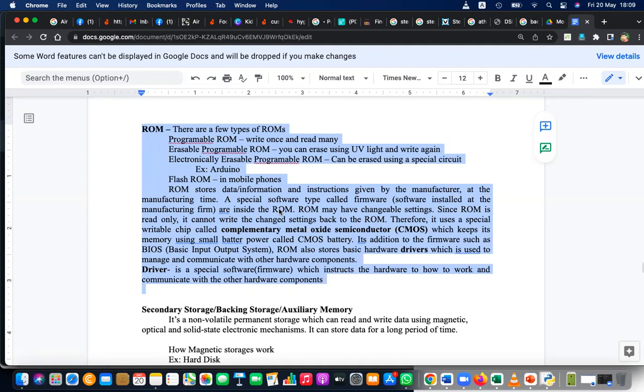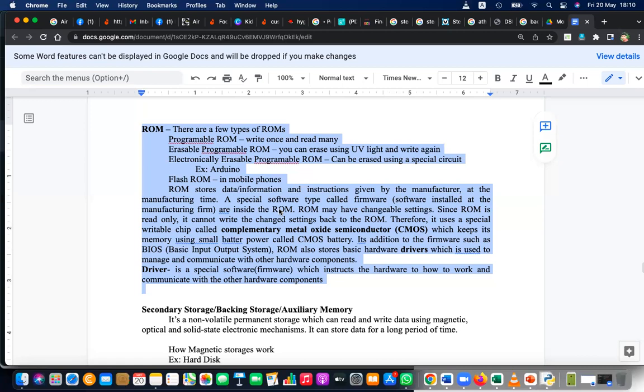The software bootloader will load the operating system and provide you the user interface to work with.